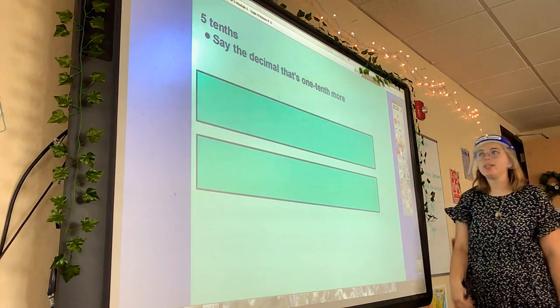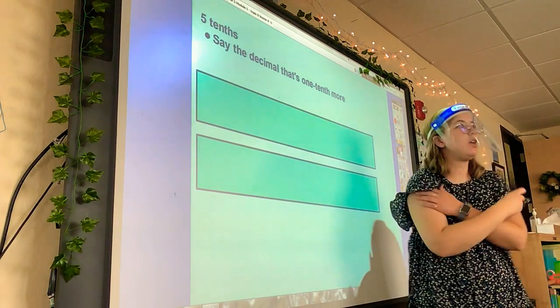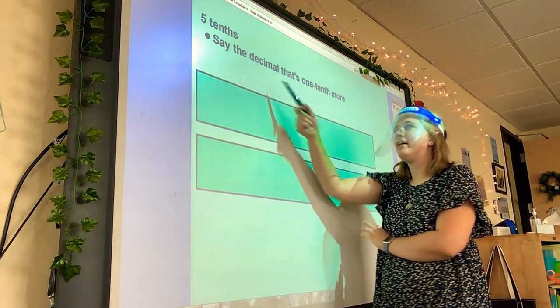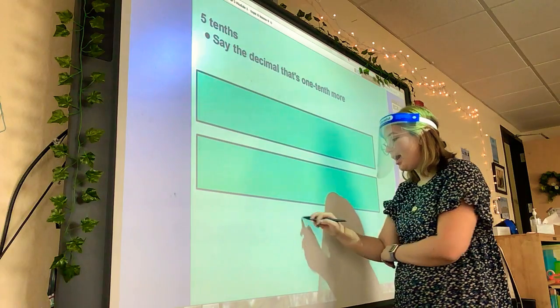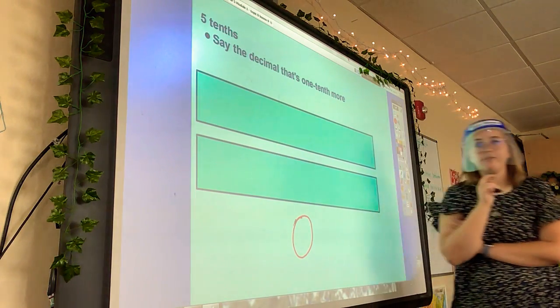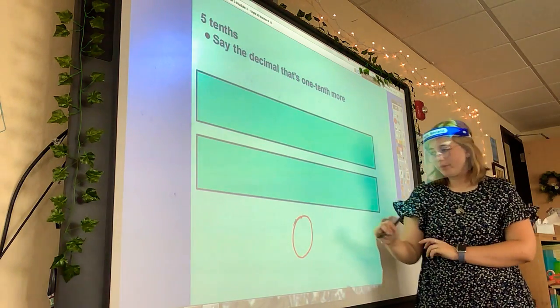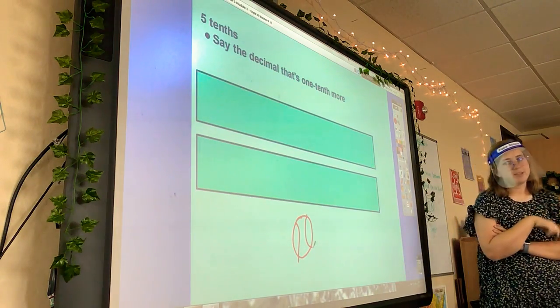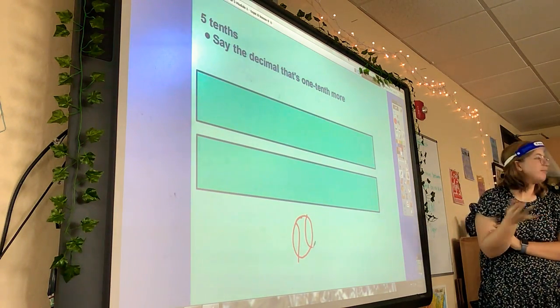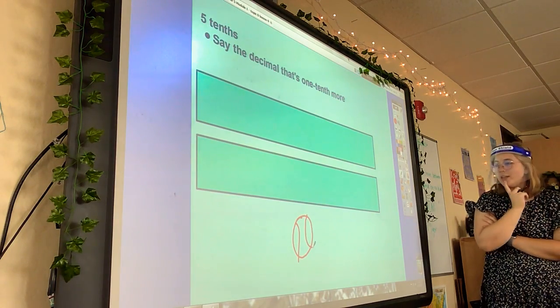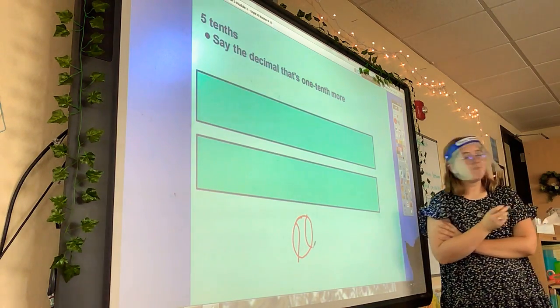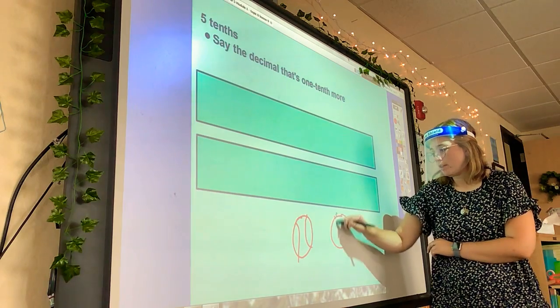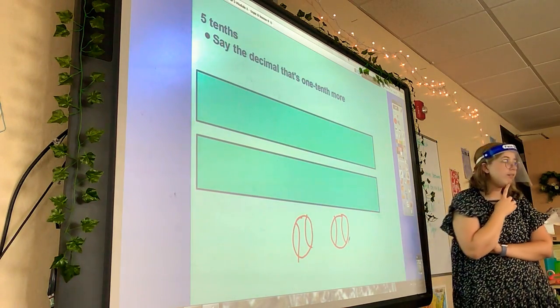Yeah, so I'm going to use this to explain something. Let's say I had one tennis ball, okay? I have one tennis ball. Now I have what?